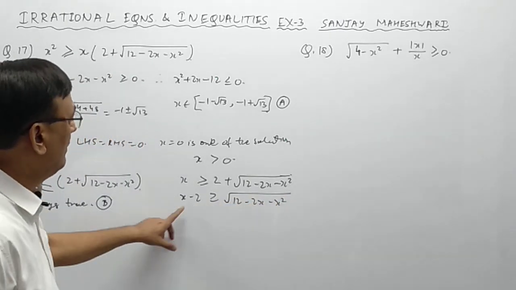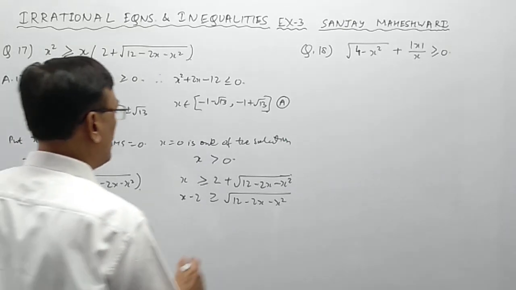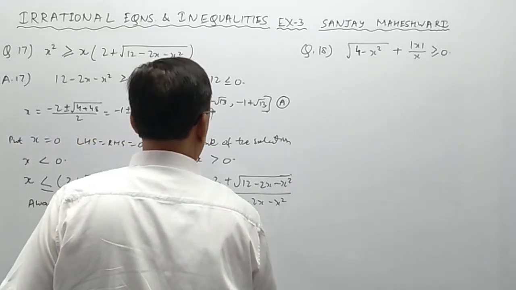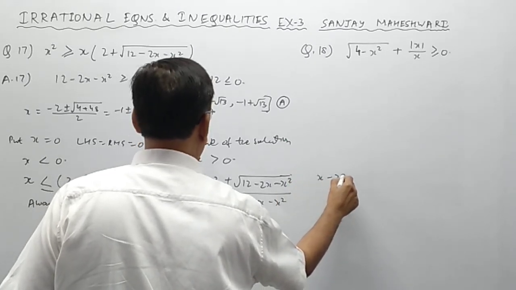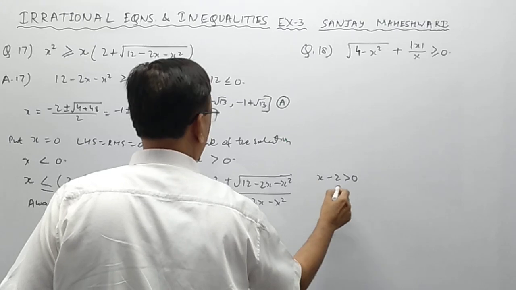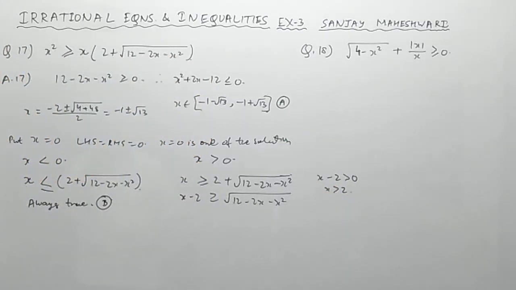If this is positive, then this side should also be positive. So x minus 2 should be positive, so x should be greater than 2 also. We will keep this in mind.